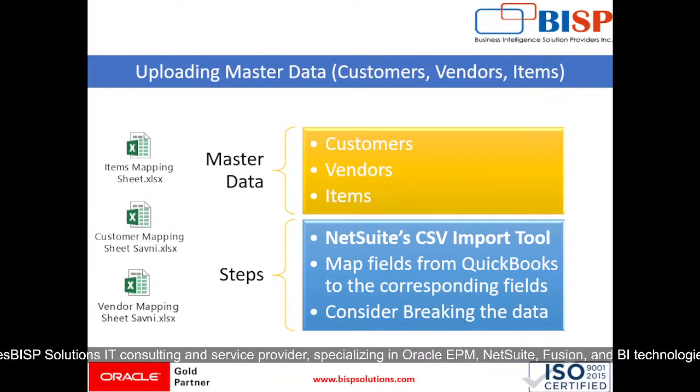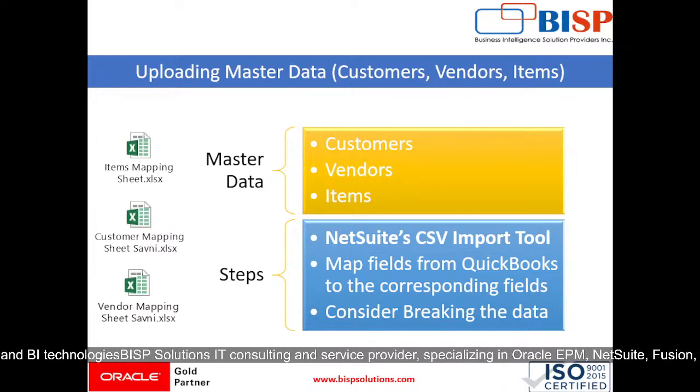Then comes our uploading master data, which means customers, vendors and items. Master data includes foundational records such as customers, vendors and items that are essential for our day-to-day operations in NetSuite.